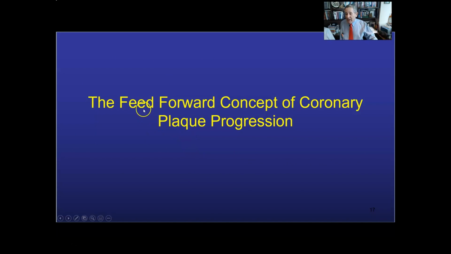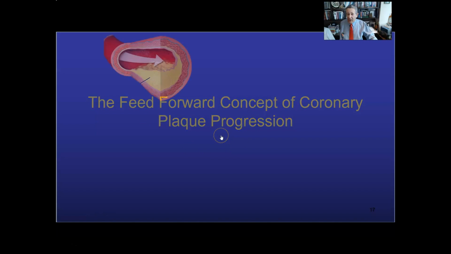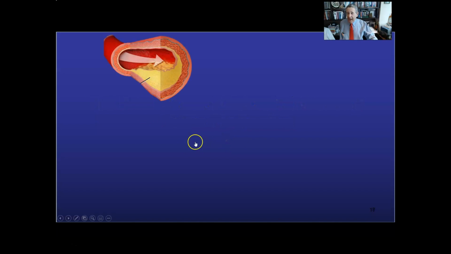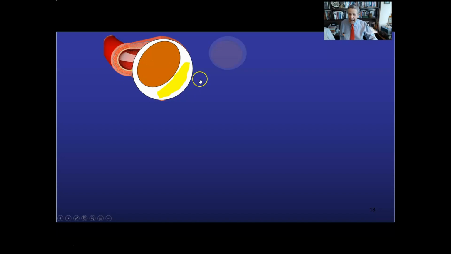Well, one thing I want to introduce is the feed-forward concept of coronary plaque progression. And we're going to start with a cross-section of a plaque with what I call a cholesterol pimple. And this is my artwork of the normal lumen and a cholesterol-filled plaque. So we start with a pristine lumen.